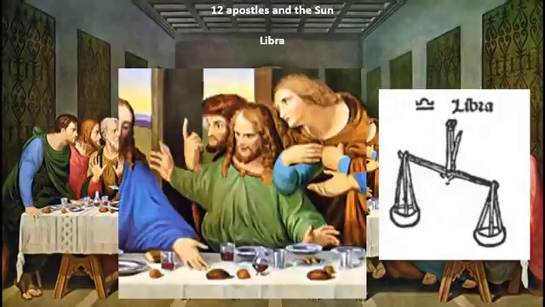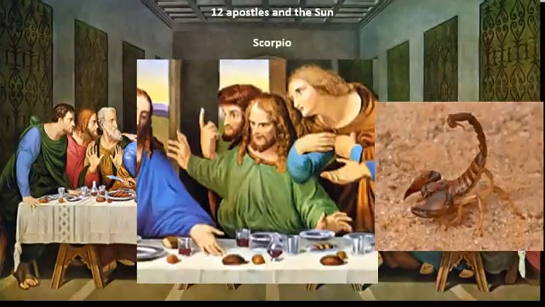Here we have Libra, and Libra represents the scales, and you could look at his arms outstretched, kind of like the span of the scales, and it's like a balancing act almost. Here we have Judas, and he has his finger up.